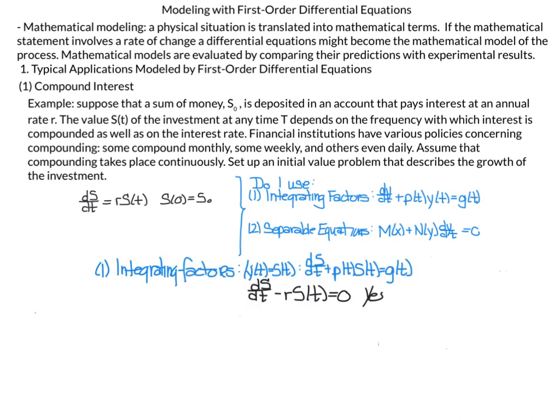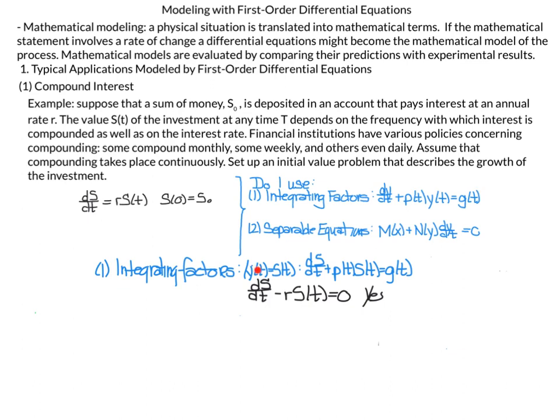Since I've identified integrating factors as my candidate because it is a linear equation, I'm going to see if I can put this equation into this form, where instead of y(t), I have S(t).